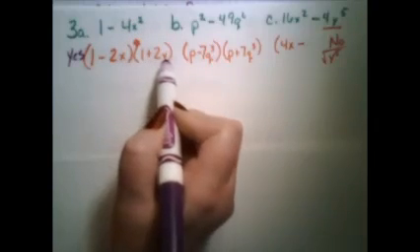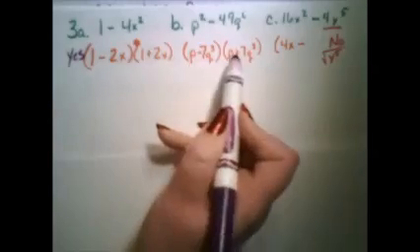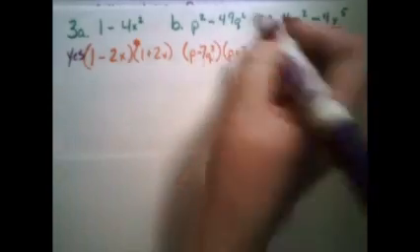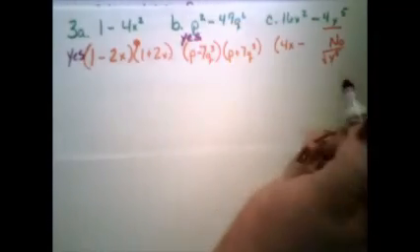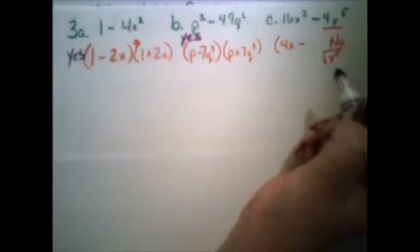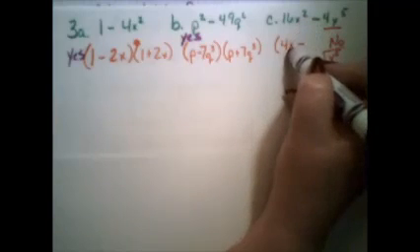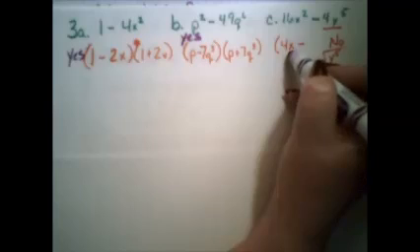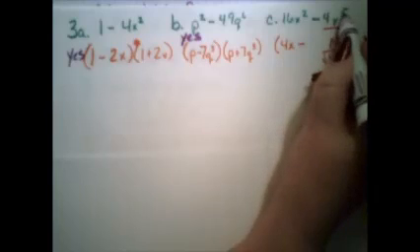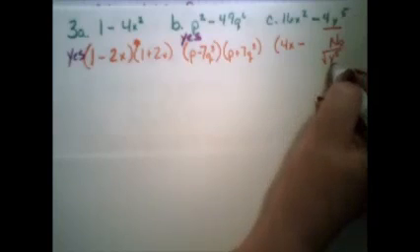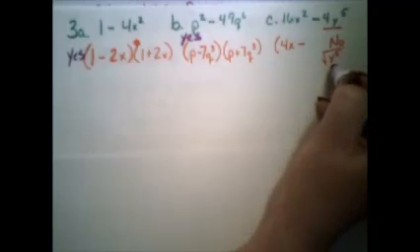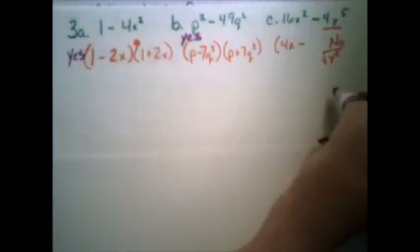So we've got a plus and a minus. p squared and 49q to the 6th, yes, that is also a perfect square. 16x squared has a square root of 4x, but 4y to the 5th is not, because y to the 5th doesn't have a nice happy square root. So this answer is no.